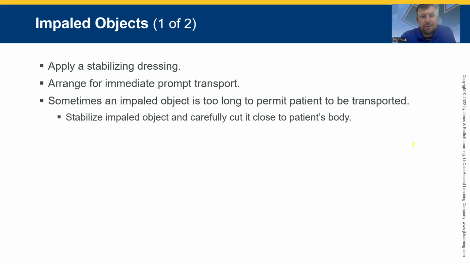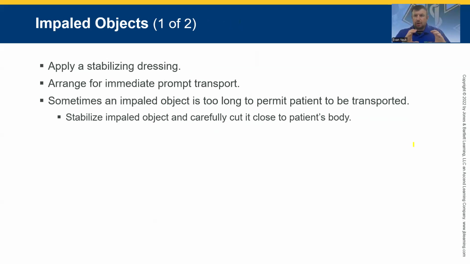Impaled objects. So we're going to treat these just like we did that impaled injury. We don't remove them. You don't have to put a cup over it, but we're going to secure it in place. And that might mean that you put, and I've seen this done, I was actually on the call with the paramedic who did it.